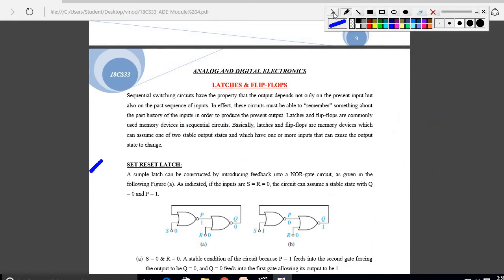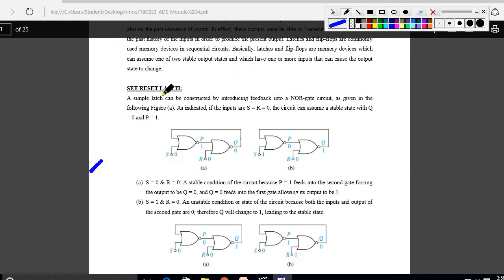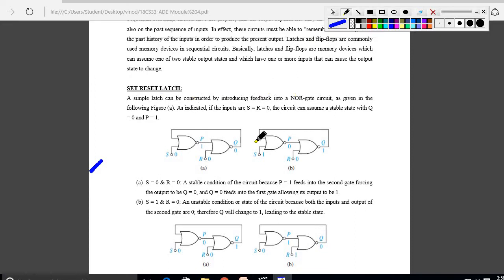Okay, so see here, in this particular diagram the simple latch can be constructed by introducing the feedback into the NOR gate. First condition, when S is 0, R is 0, I have to assume that Q is 0 initially. So this Q is fed back into the first NOR gate. I'm writing the NOR gate truth table here: 0 0 gives 1, 0 1 gives 0, 1 0 gives 0, and 1 1 gives 0.